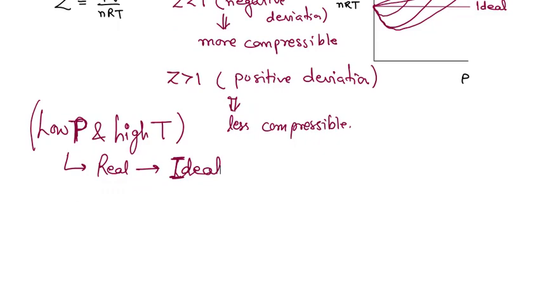Okay, so now this was for an ideal gas. We know the expression PV is nRT, but there are some corrections when we have a real gas.